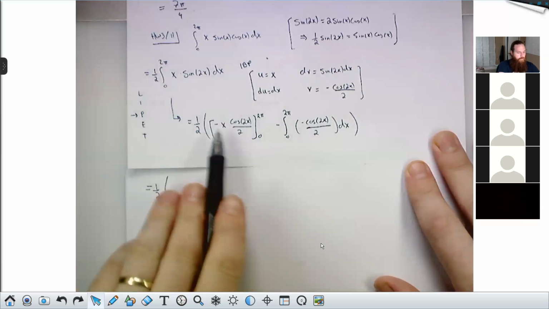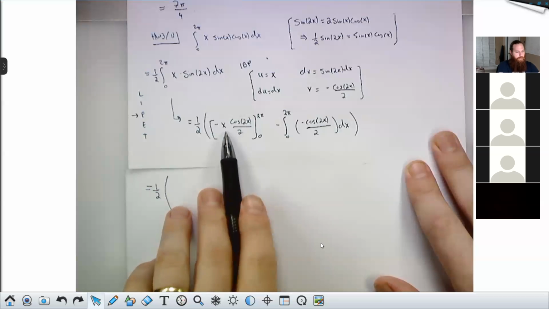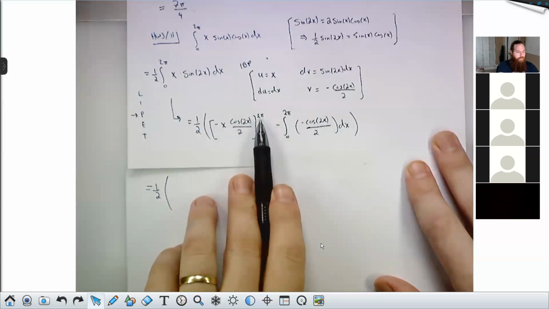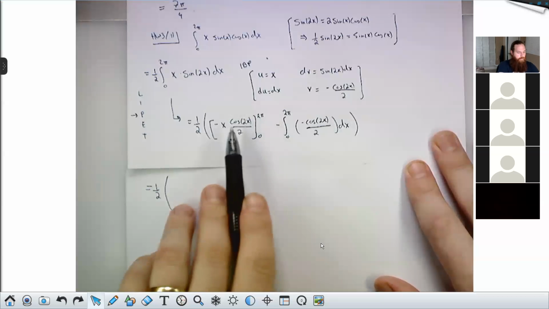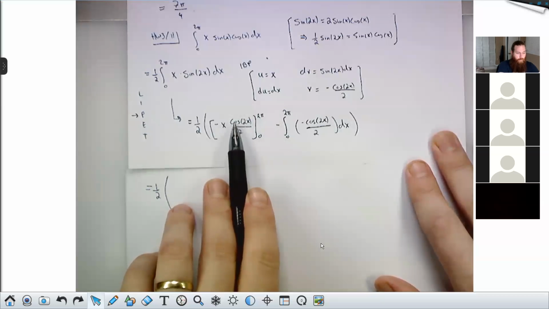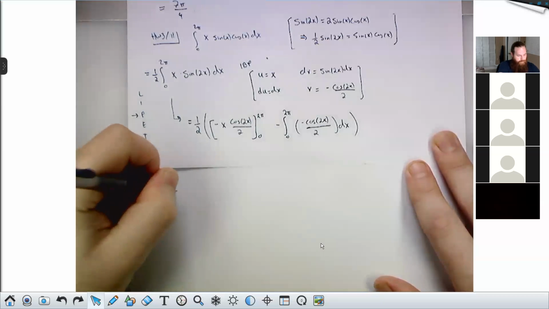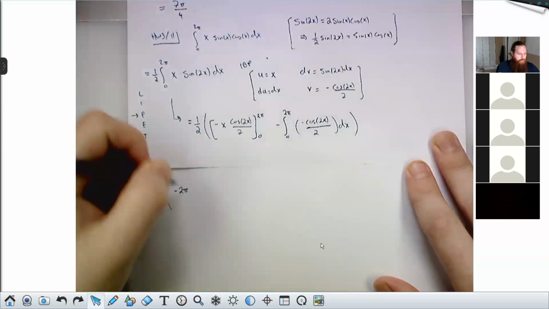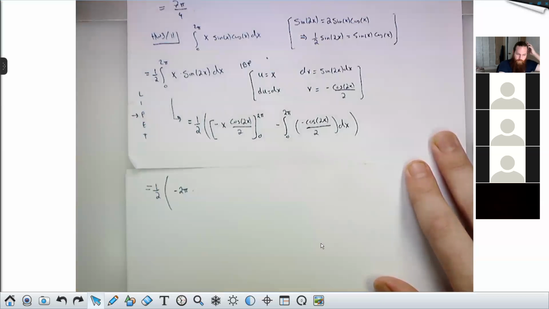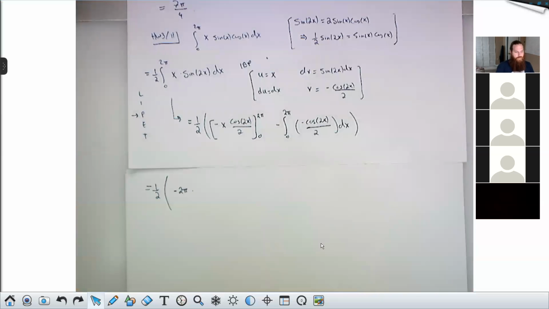When we plug in 0, the x will make everything here 0. When I plug in 2 pi, I'll have negative 2 pi times the cosine of 4 pi over 2. That's negative 2 pi times, what is the cosine of 4 pi? One.